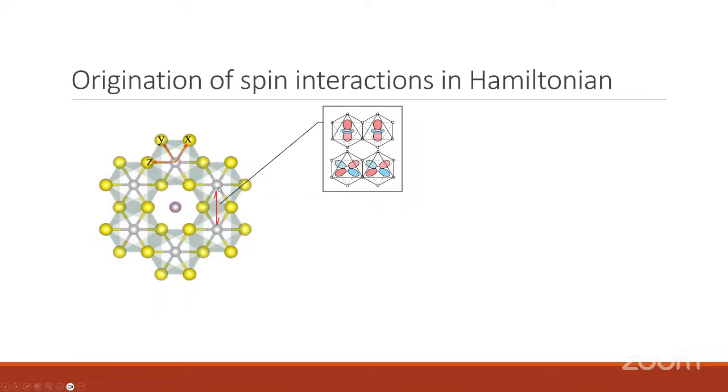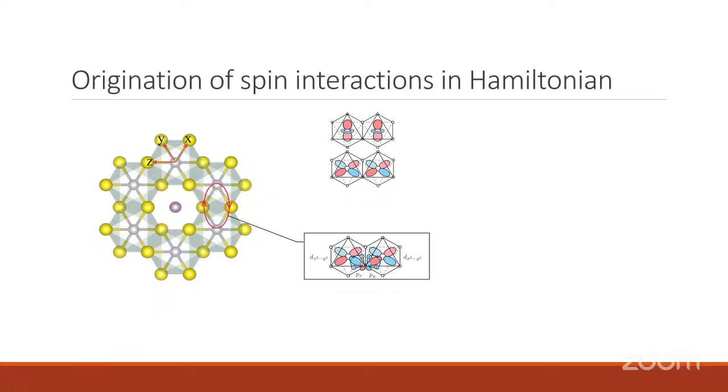The nearest neighbor couplings are introduced by either direct hopping between the nickel d orbitals or indirect hopping between the nickel, ligand, and nickel sites. So the first possibility, the direct hopping between the two nickels: either the eg, the dz² orbitals or the dx²−y² orbitals, all contribute to the direct hopping between the two nickel sites.